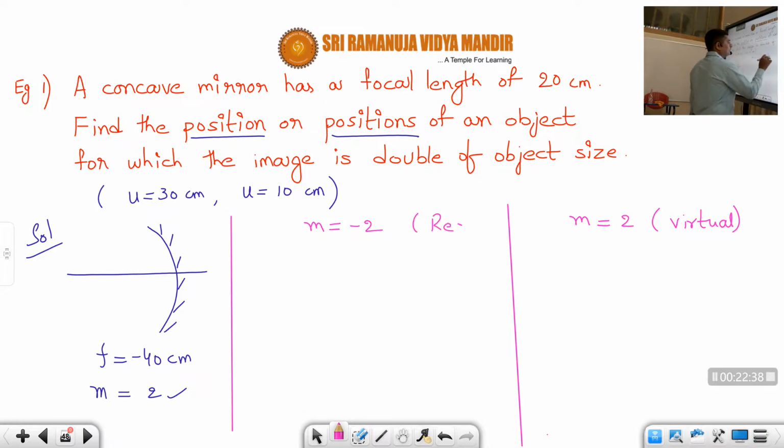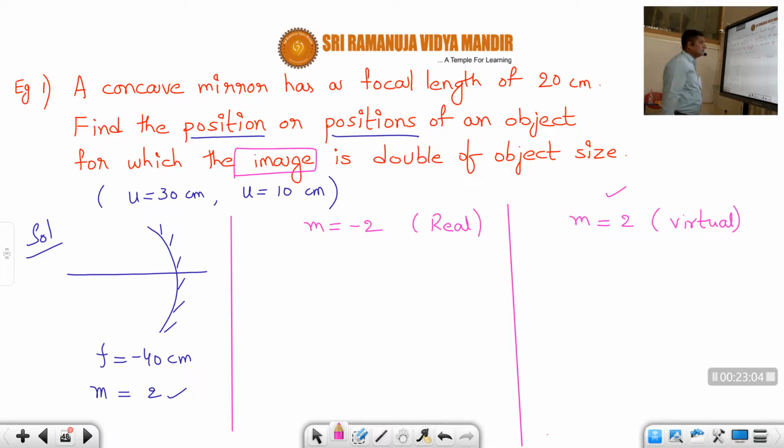Because they did not tell about the nature of the image, that's why I am taking both. Suppose they say to find the position of an object for which a virtual image is obtained that is double the object size, then we will consider only m equal to 2. Here they did not mention it, so there will be two answers for this question.